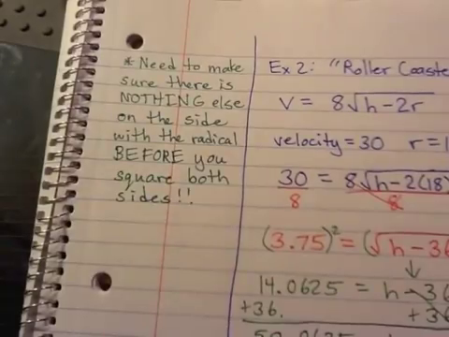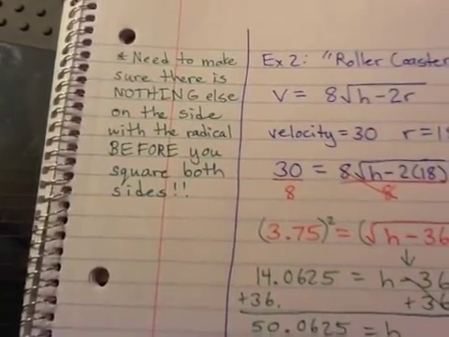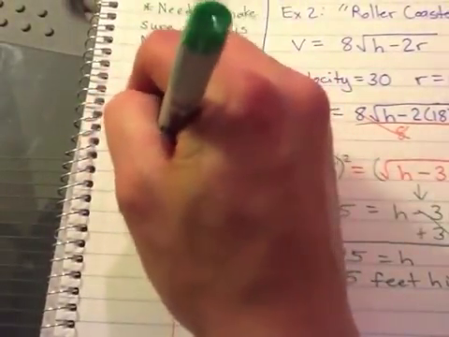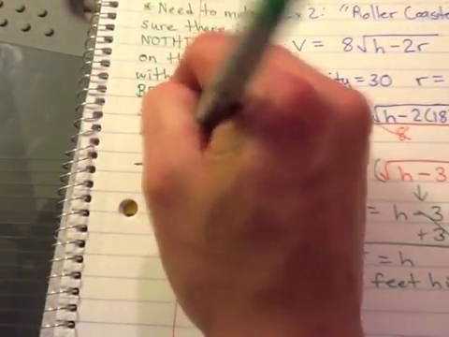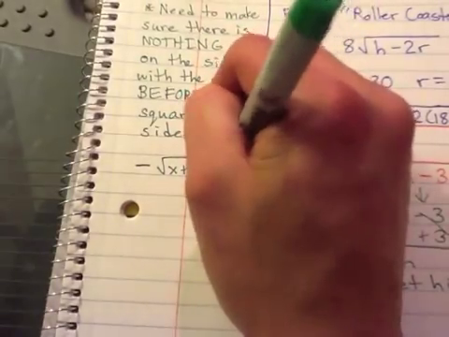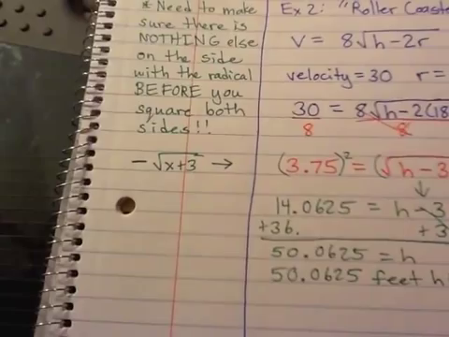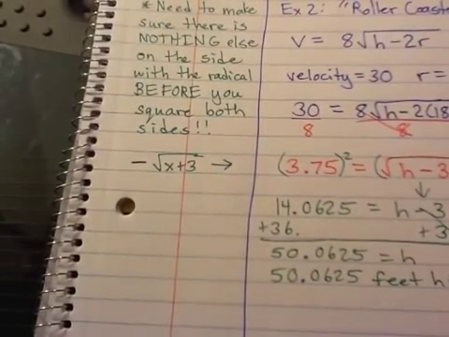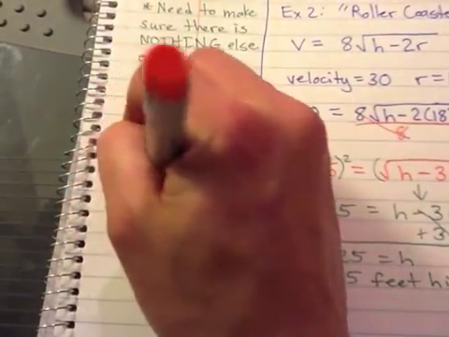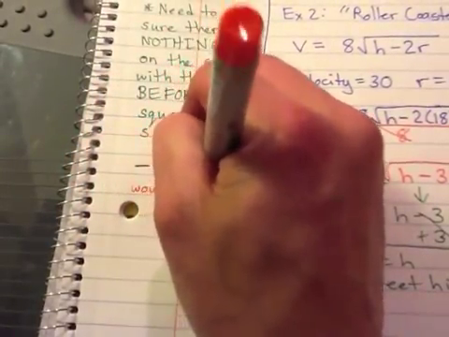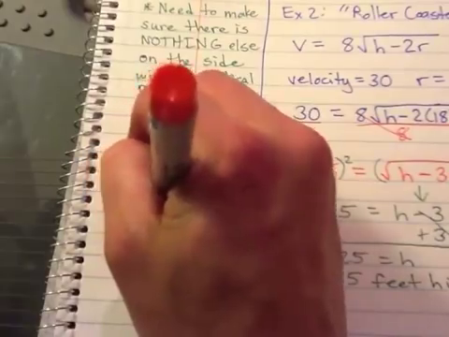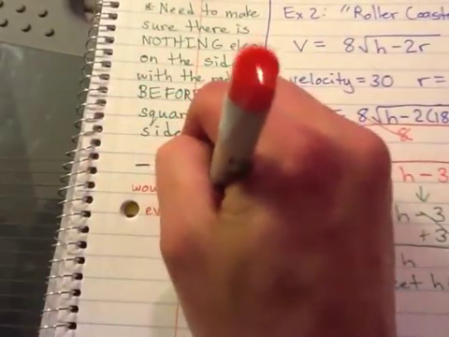And an example of that seems to cause trouble every year that I kind of wanted to show is like a negative square root of x plus 3. You would need to think about that as a negative 1. So what would you need to do? You would divide both sides, or every term, because there might be more terms on the other side.